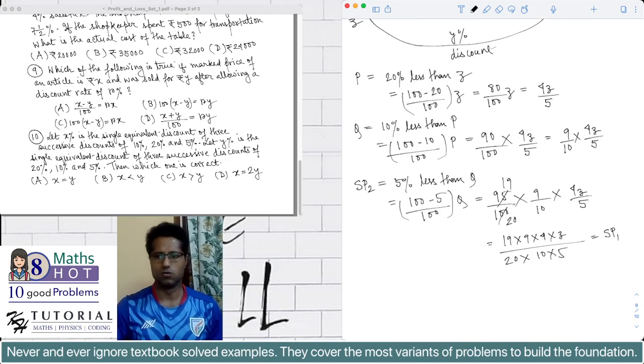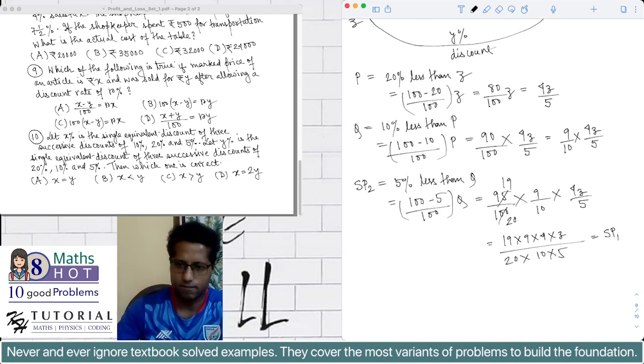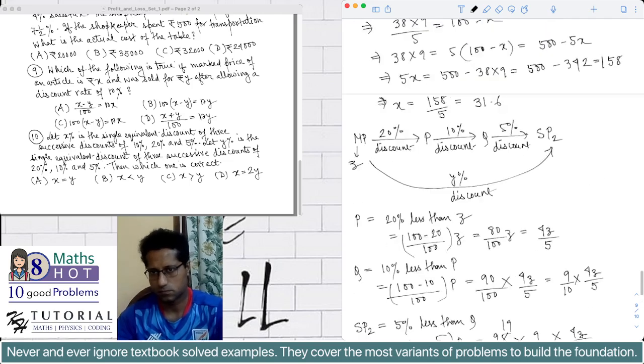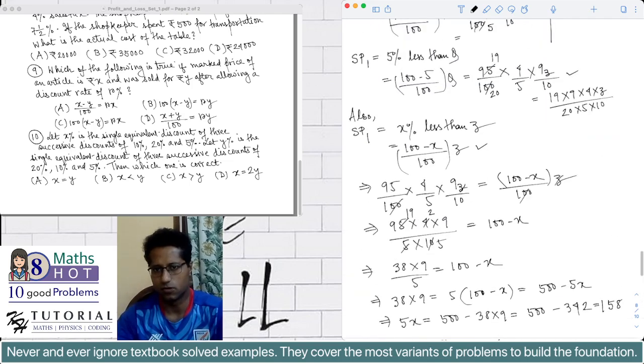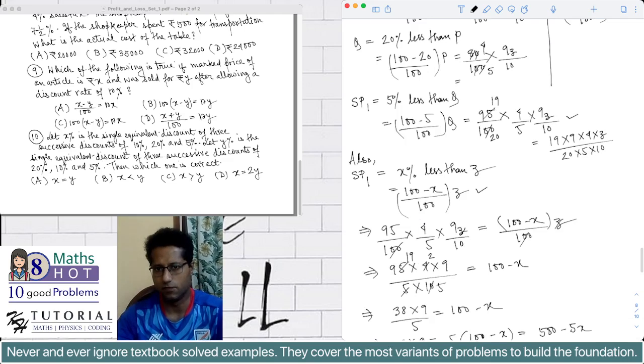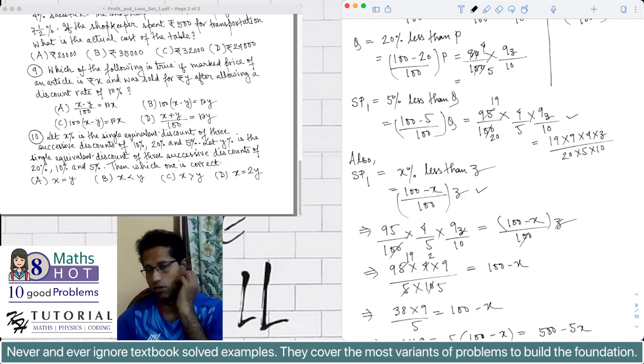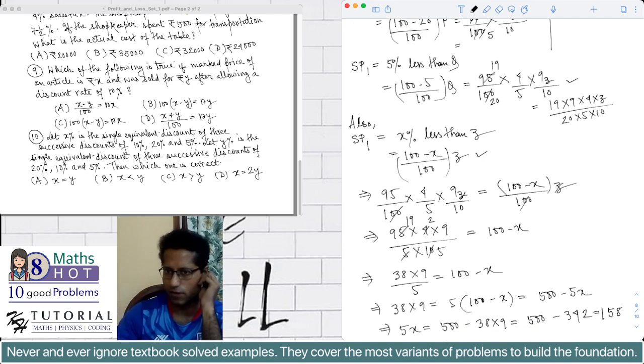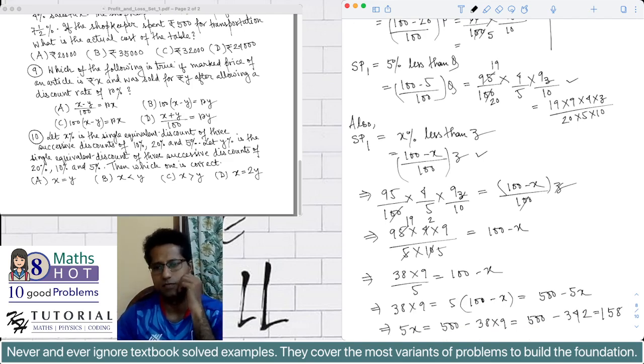Now, if this is so, definitely x will be equal to y, because in the previous calculation, the way we are calculating x and y, we are finding the value of x based on Z and SP1.